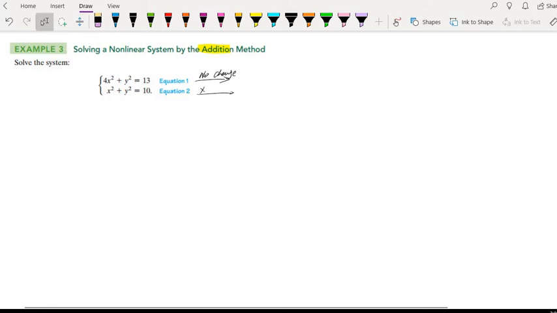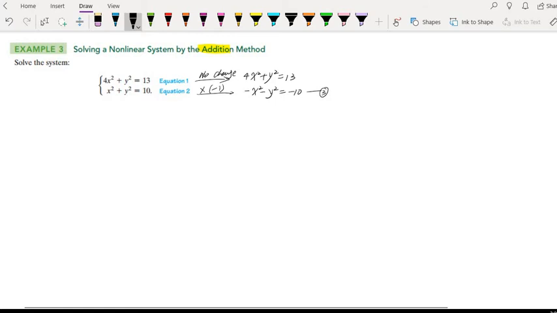So we have 4x squared plus y squared equals 13, and we didn't change anything. For the second equation, we have negative x squared because we multiplied by negative 1, minus y squared, equal to negative 10. So that's my equation 3.